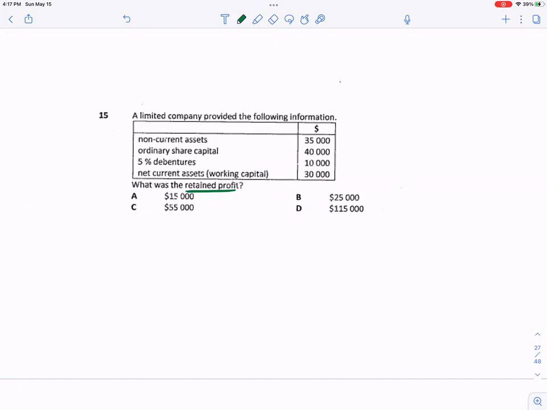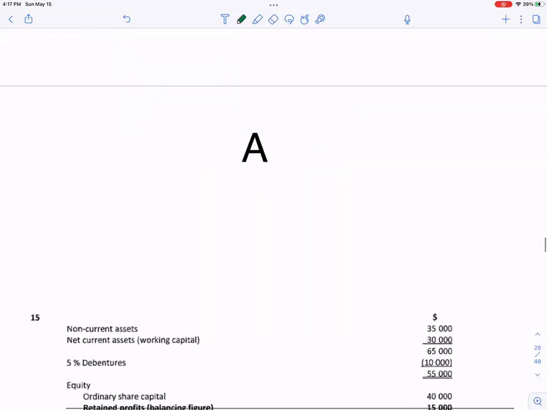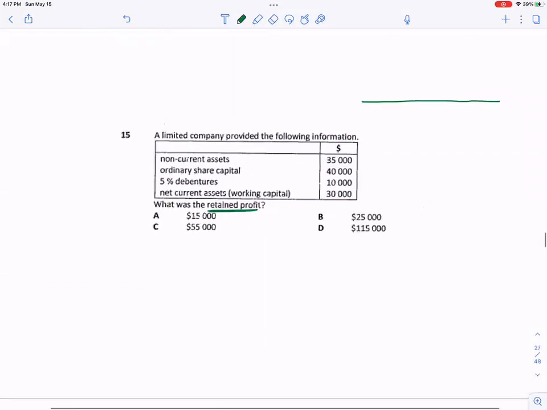Now look over here very carefully. 15,000. How did you get this? We will add the non-current assets with the net current assets, then subtract the debentures. We will get 55,000. Then we can subtract the ordinary share capital.